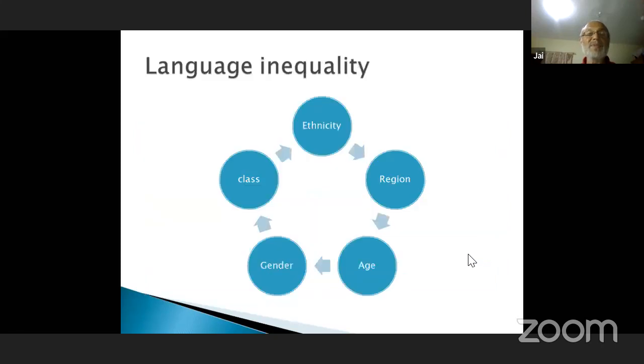And then comes language inequality. This is serious in Nepal also, and in other parts of the world also, because we have as many cultures, as many languages, that many ethnicities in this country. So once we do not give status to the language of a particular ethnic group, that creates a problem.